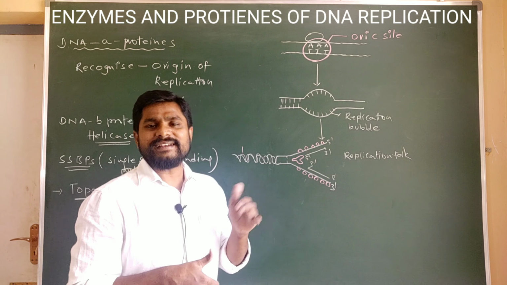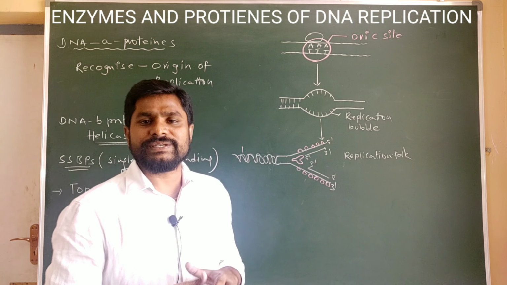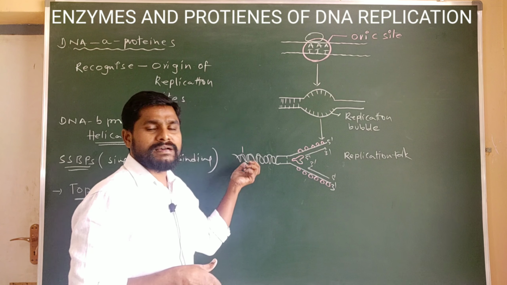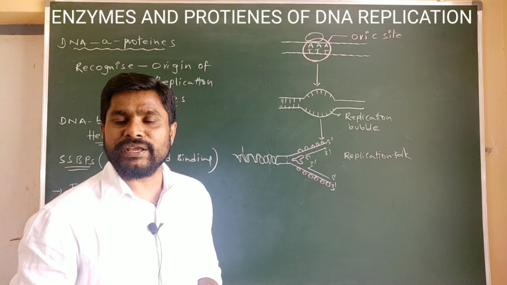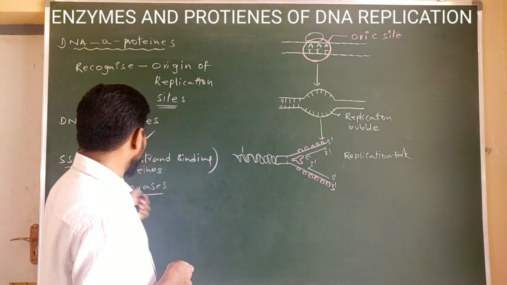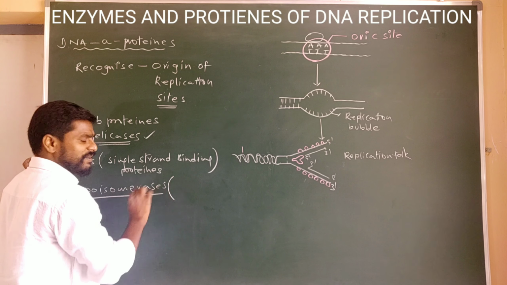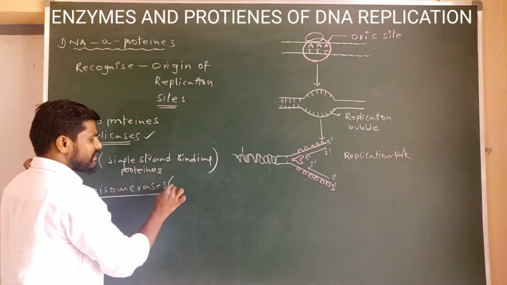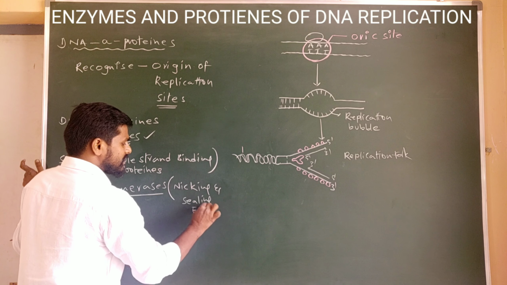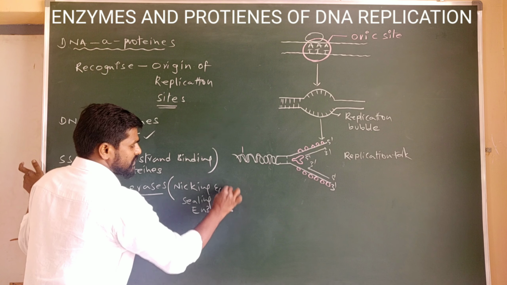By nicking and sealing, they reduce the tension on the DNA molecule, thereby the DNA gets protected. It won't undergo any breakage during the process of replication. Because of this reason, the topoisomerases are otherwise called nicking and sealing enzymes.